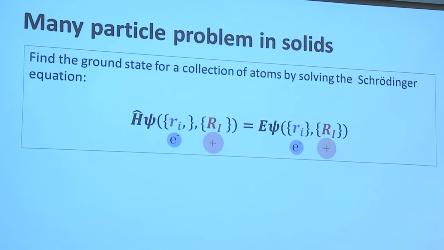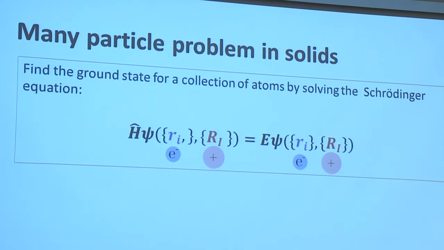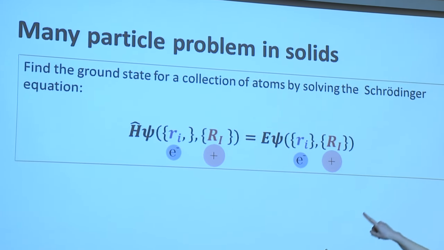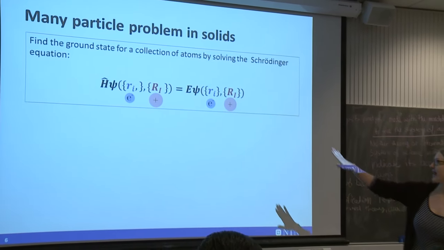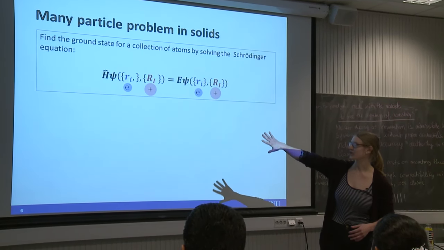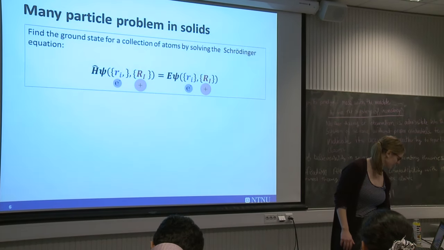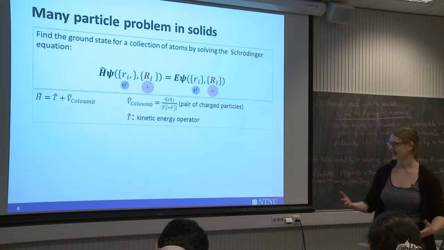Schrödinger equation, right? So we have our wave function here, which describes our system of nuclei and electrons. And we have our Hamiltonian, which is an operator, an energy operator, which you apply to the wave function. So again, it's just an operator.